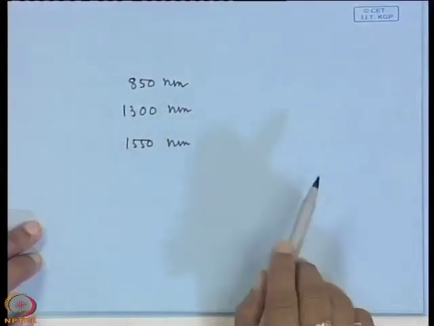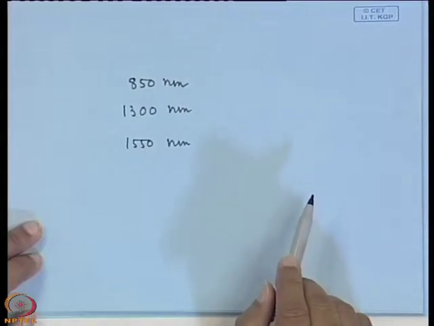You know that for fiber optic communication, how is information sent from one place to another place? It is by the total internal reflection of light.